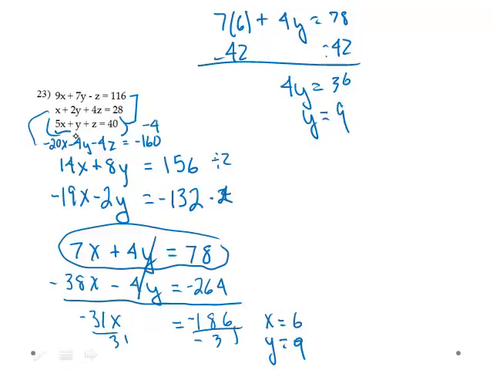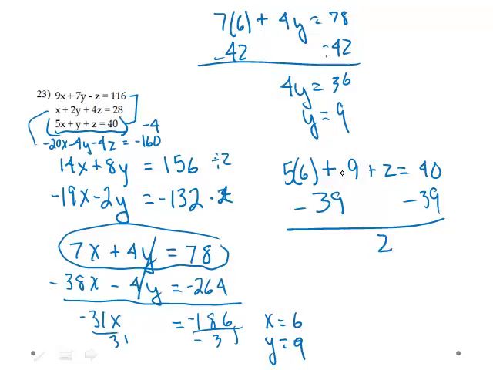And then we'll go back up here to this equation. 5 times 6 plus 9 plus z equals 40. This is 39. Subtract 39 from both sides. We get z equals 1. So x, y, z equals 1.